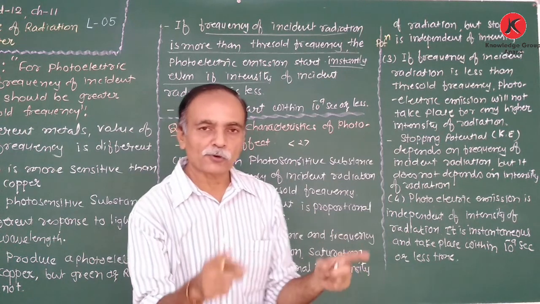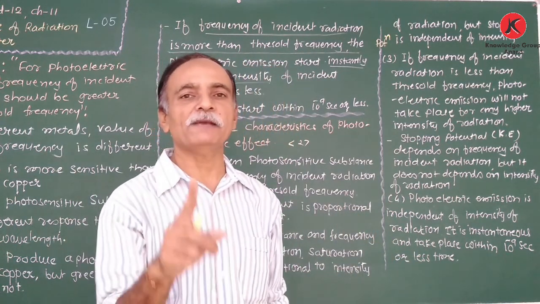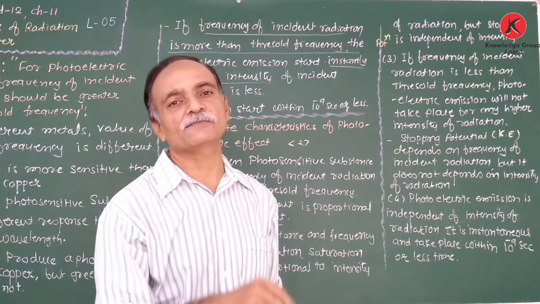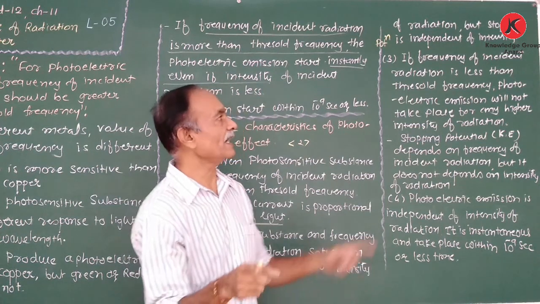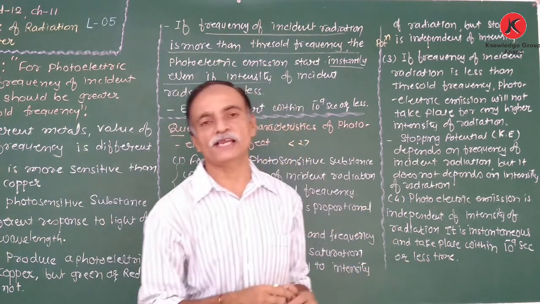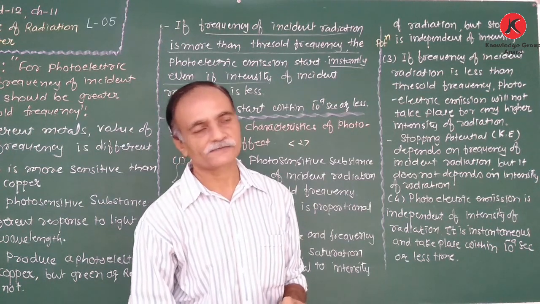So the number of photoelectrons emitted by the metal depends on the intensity of the light, but the kinetic energy of the emitted photoelectrons is independent of intensity of light.